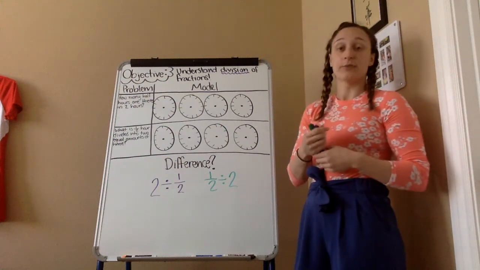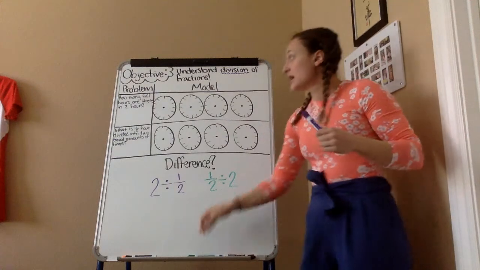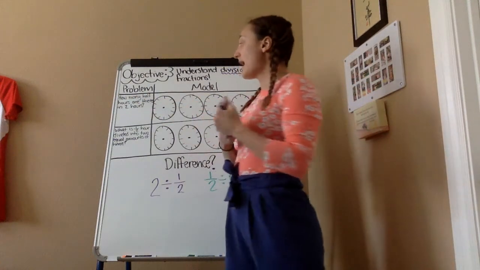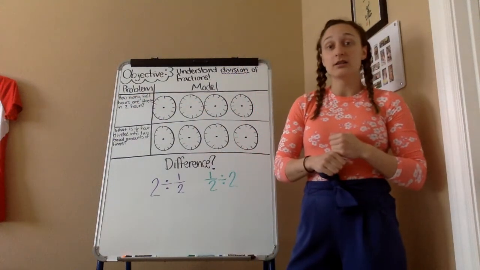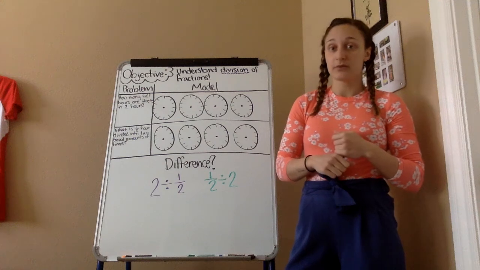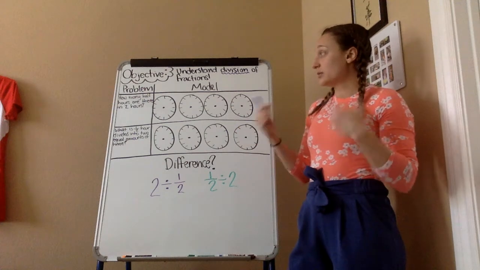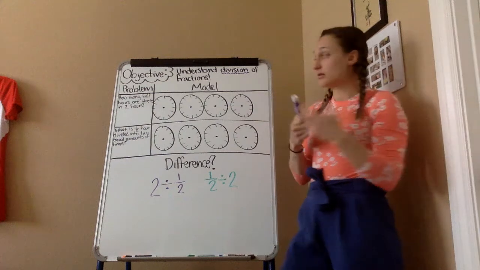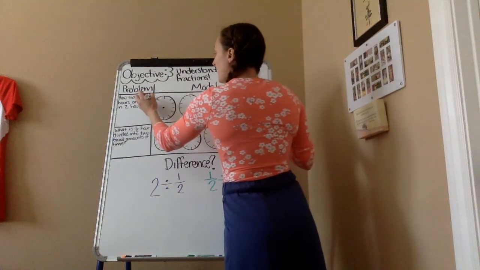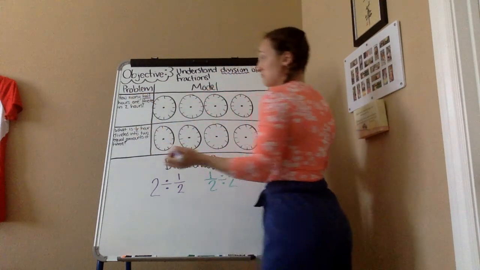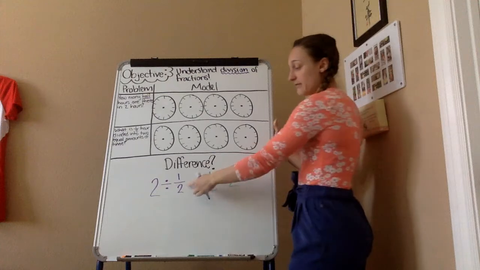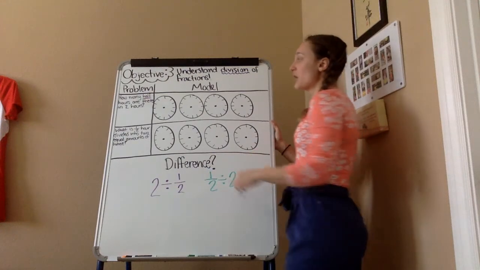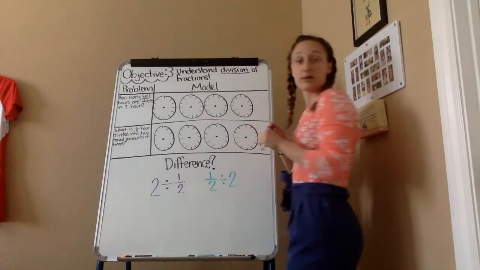Okay, so in my first problem, it says, how many half hours are there in 2 hours? So to me, this is asking me how many sets of half hours, meaning half, right, are in 2 hours.